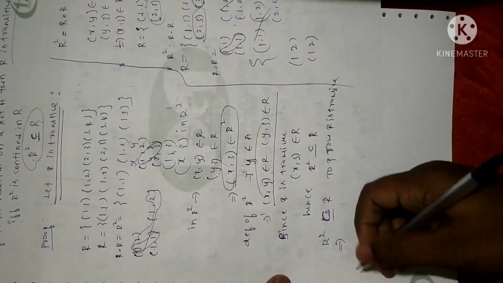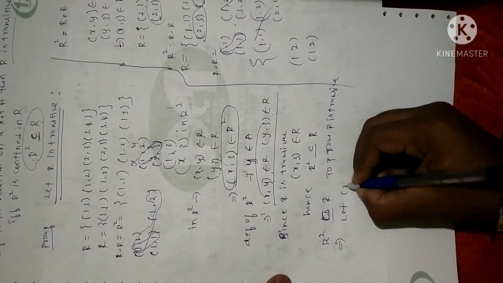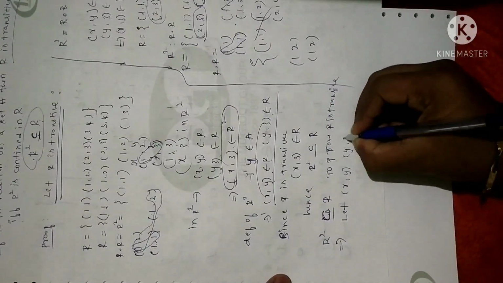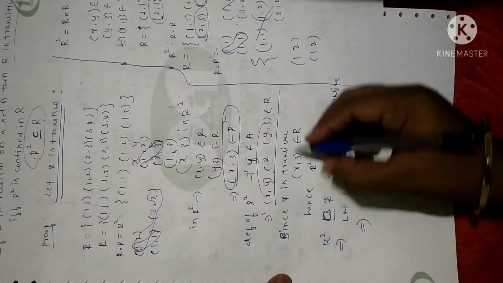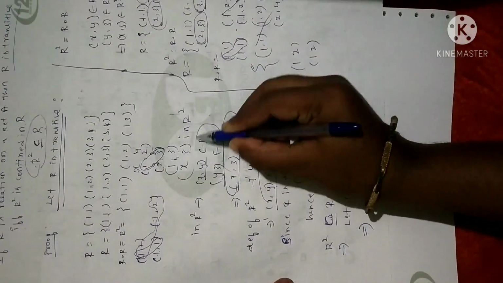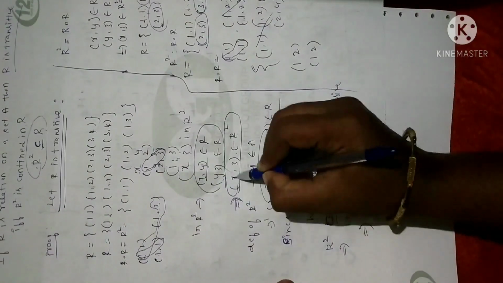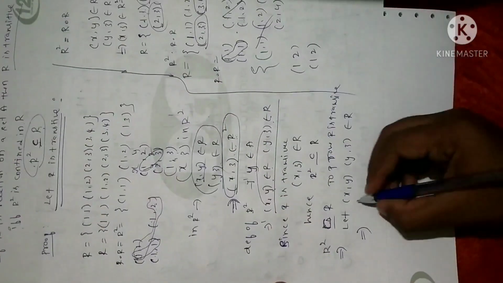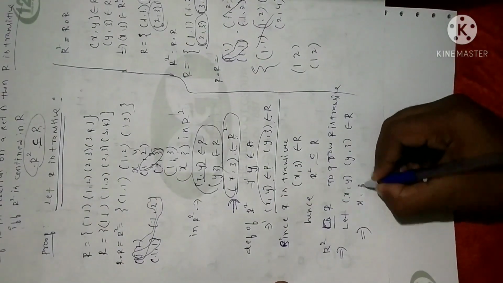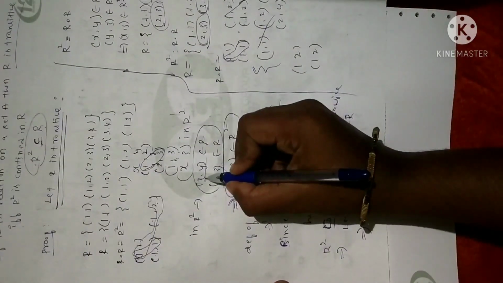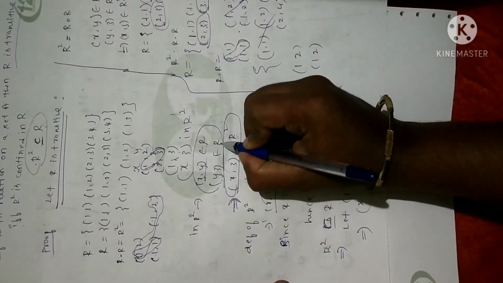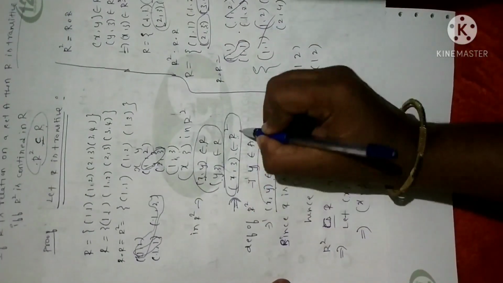Let me consider two ordered pairs (x,y) and (y,z) belonging to R. This implies that if (x,y) and (y,z) are in R, then (x,z) should be in R square, as per the definition of R square. See here, I have done this: (x,y) in R, (y,z) in R implies (x,z) should be in R square.